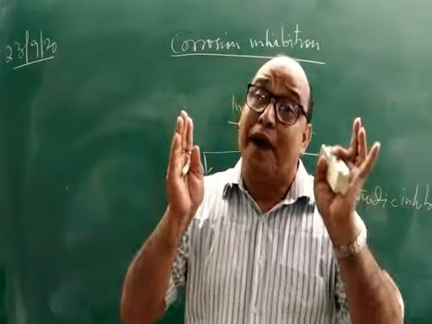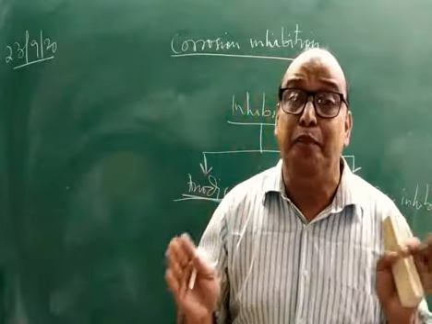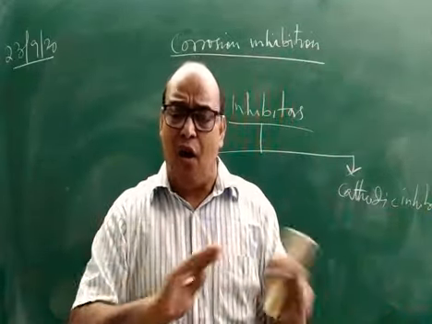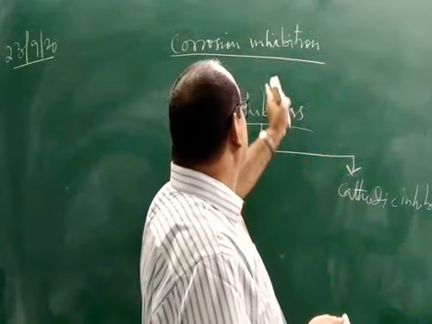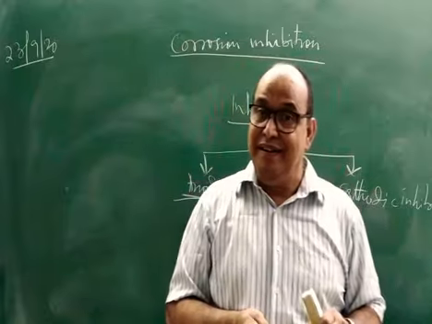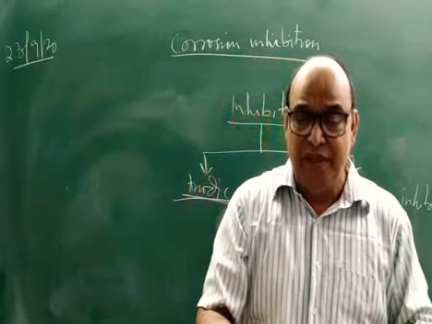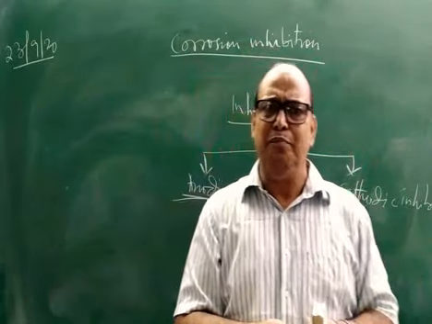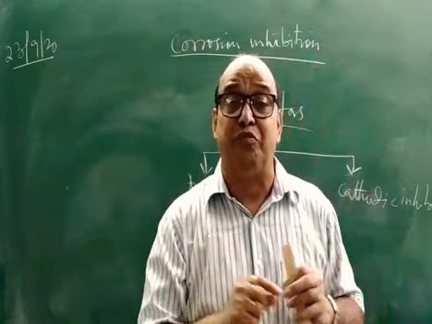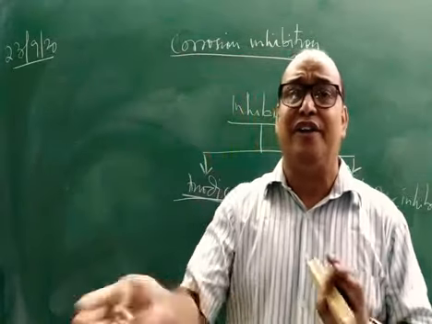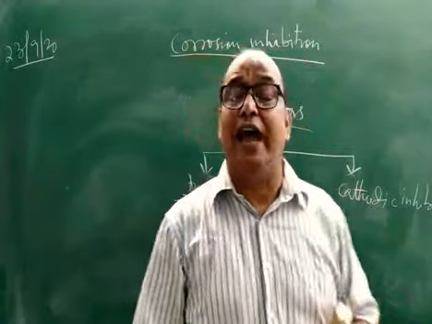If any part of the anode remains unprotected due to the depletion of the anodic inhibitors, then there is every possibility that localized corrosion, a local attack, will initiate, where your anodic area will be very small and cathodic area will be very large, and the rate of corrosion will be very high. So this is all about anodic inhibition.